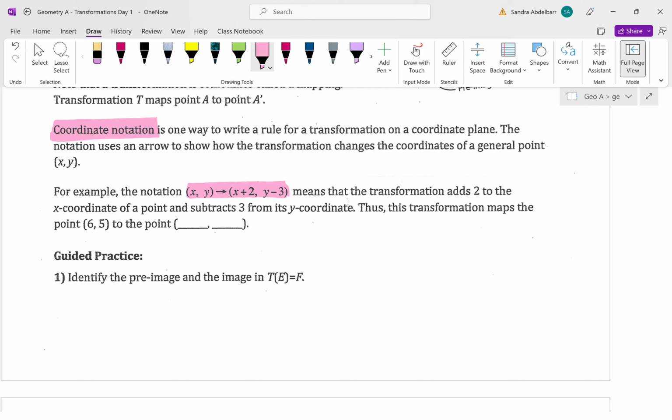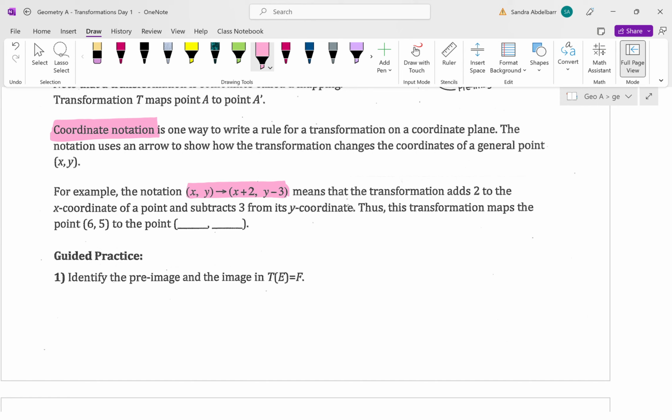This x, y arrow yields (x plus 2, y minus 3). This is called coordinate notation where you use the parentheses. What this is telling us is we take whatever our pre-image is, that point x comma y. For every x, y, we're going to add 2 to the x coordinate and subtract 3 from the y coordinate.